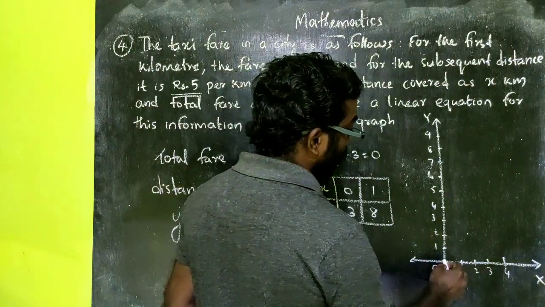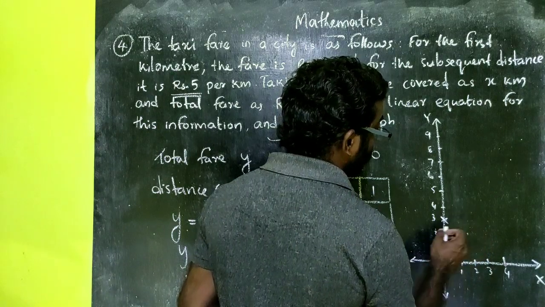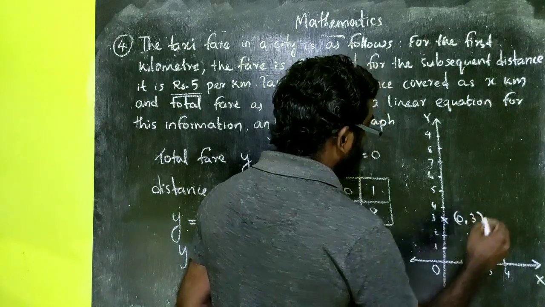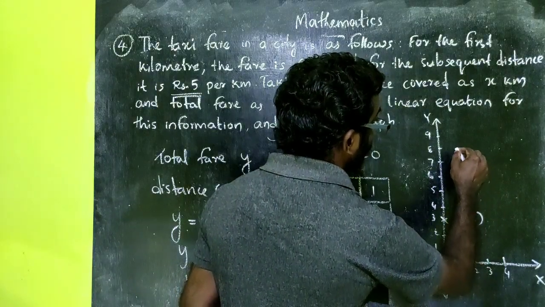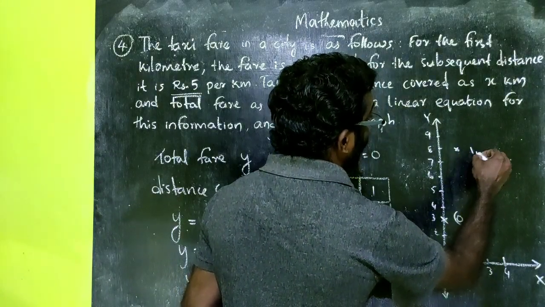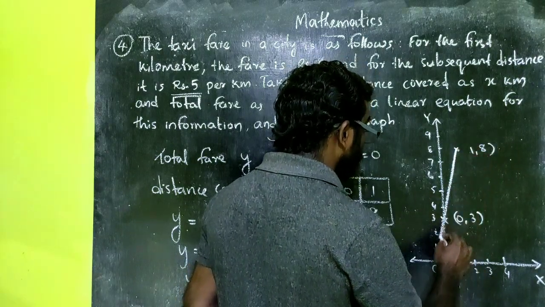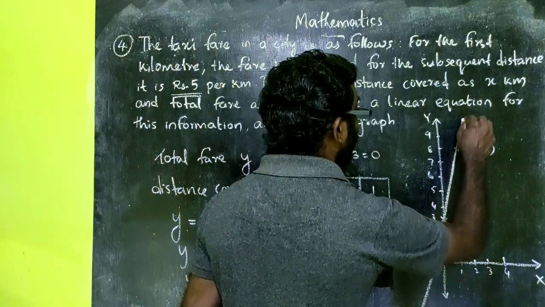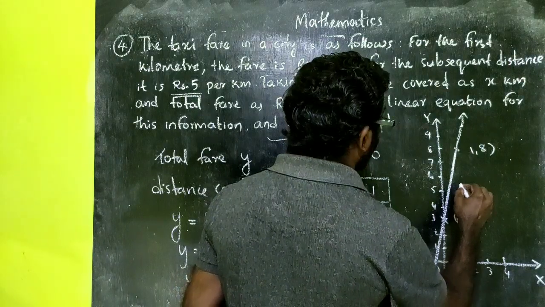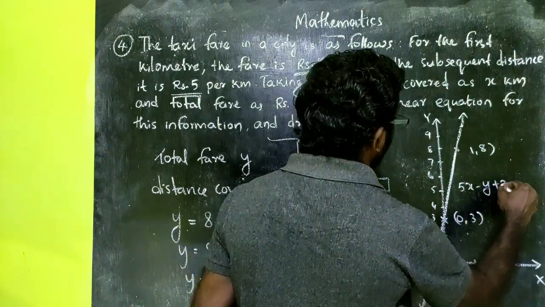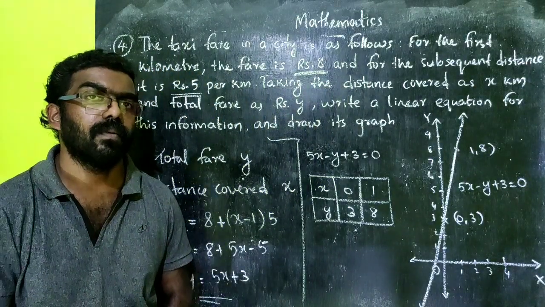Here is the point (0, 3), and (1, 8). Now we can join these 2 points. So the equation is 5x minus y plus 3 equals 0, and this is the required graph. Clear?